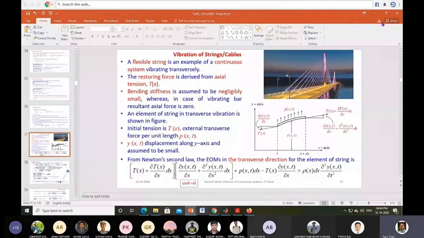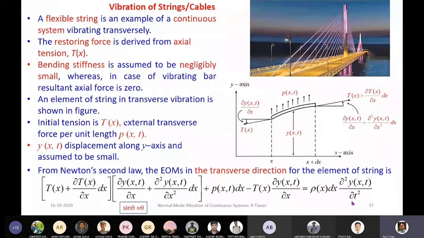We'll be talking about the vibration of strings or cables. The applications are many, and one example is given here. Bridges nowadays hang on cables, and when a vehicle moves on these bridges, there is definitely movement of the bridge, and the cable vibrates because of that.